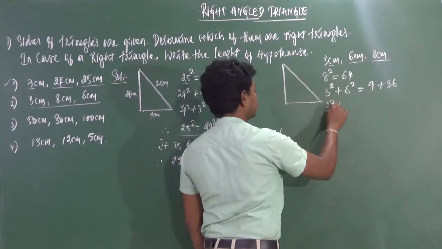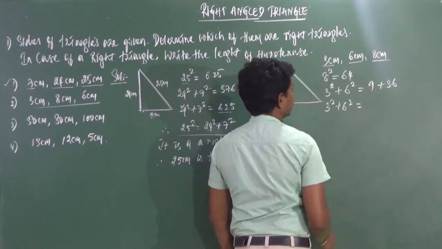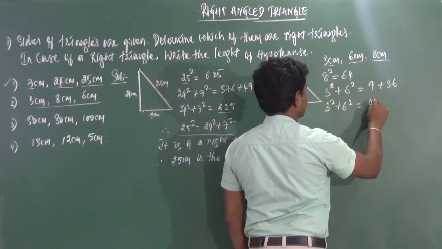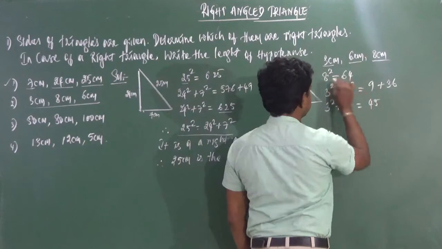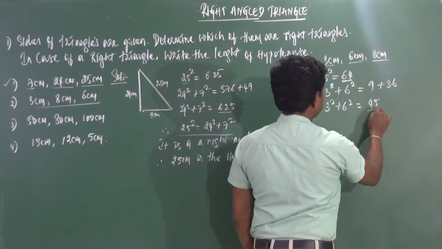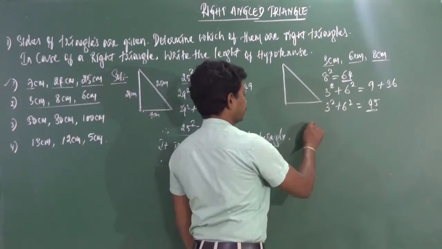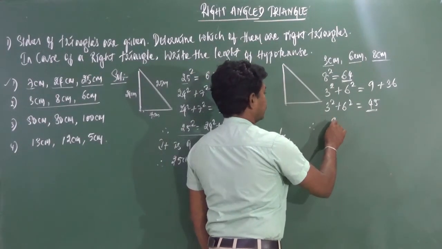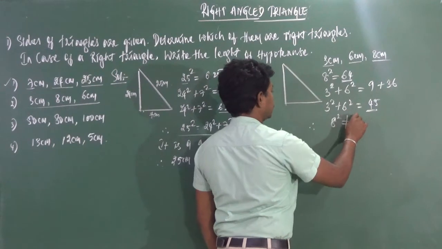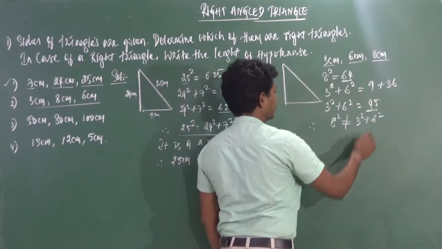So 3 square plus 6 square is equal to 9 plus 36, which is 45 we are getting, but 8 square here is 64, but the sum of the squares we are getting as 45. So therefore 8 square is not equal to 3 square plus 6 square.